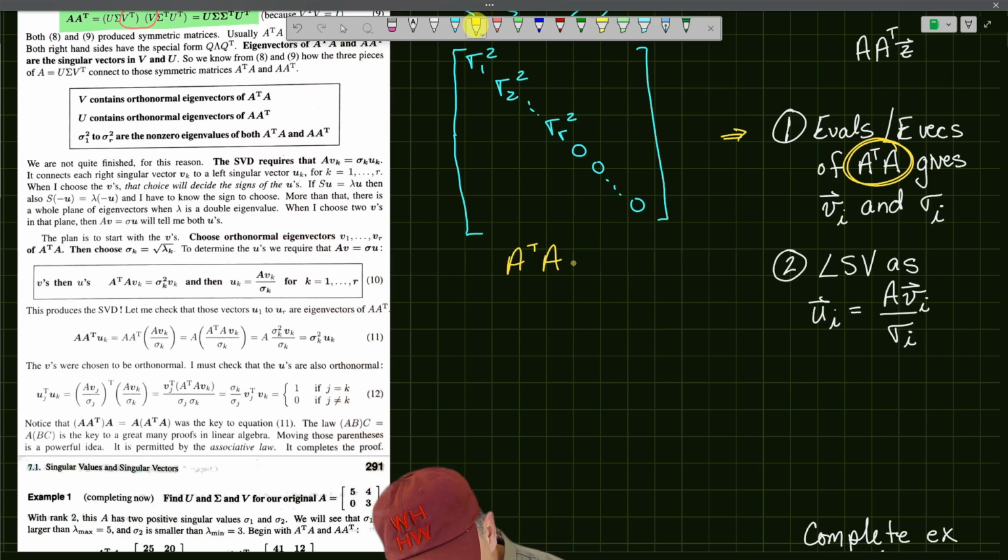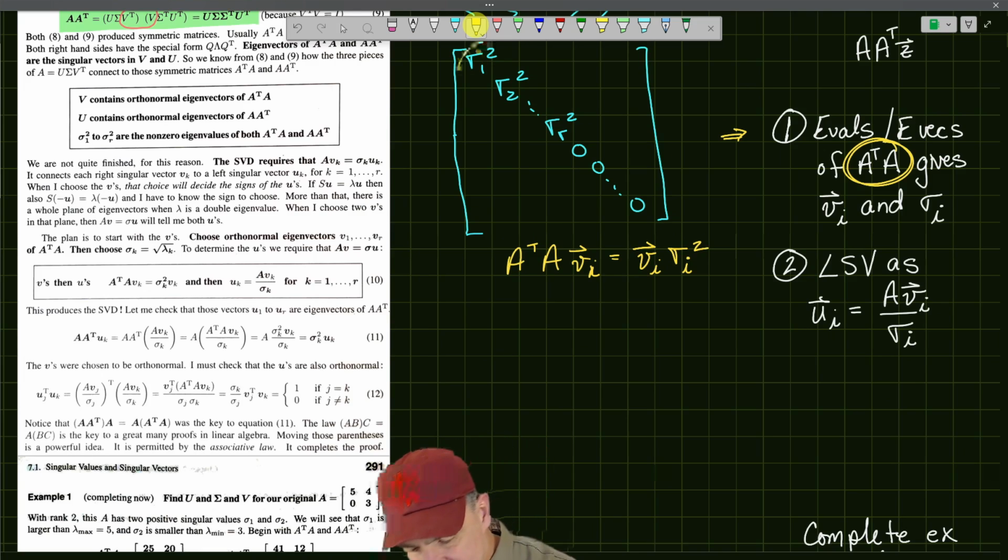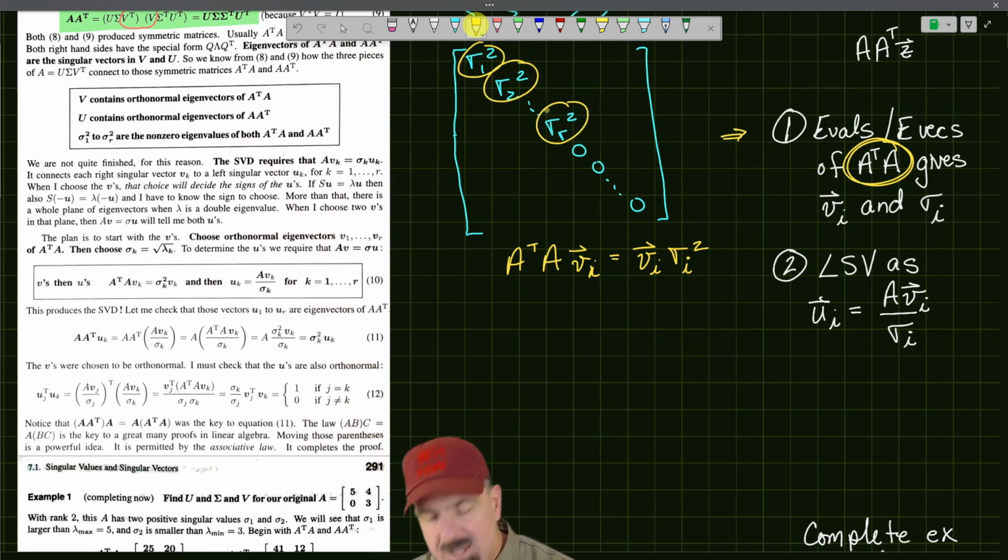A transpose A times V_i, for each eigenvector, is going to be equal to V_i times lambda, but that lambda is going to be the singular value squared. And the singular value squareds, you see them here on the diagonal, that's what we're going to find.